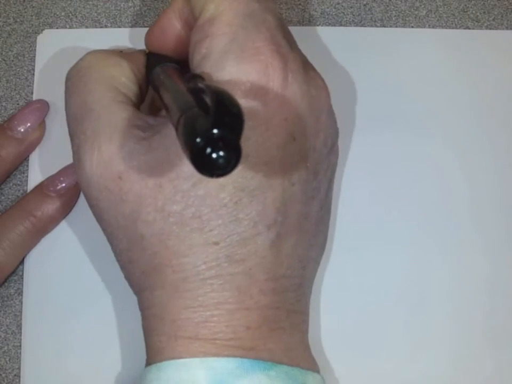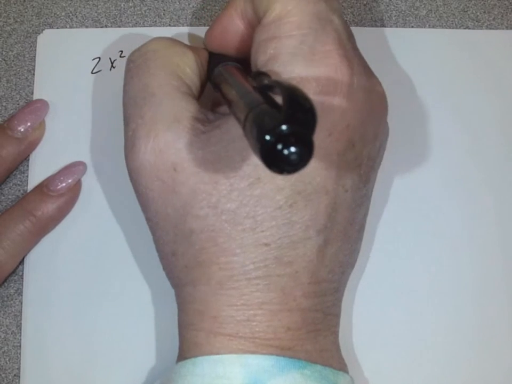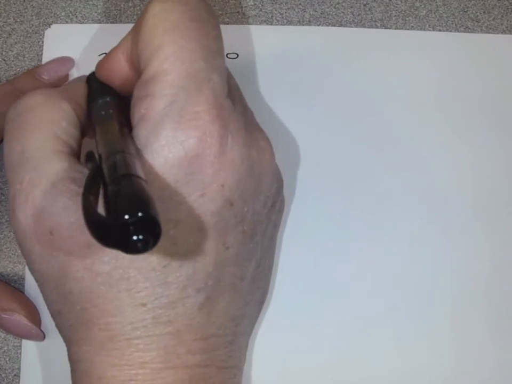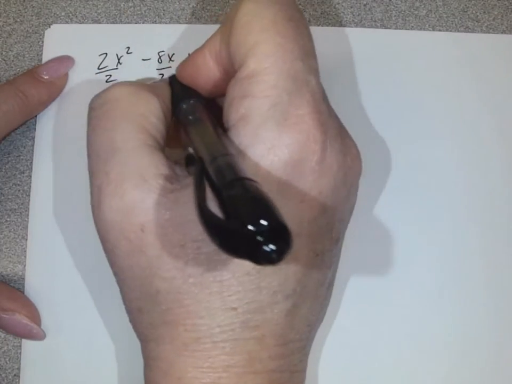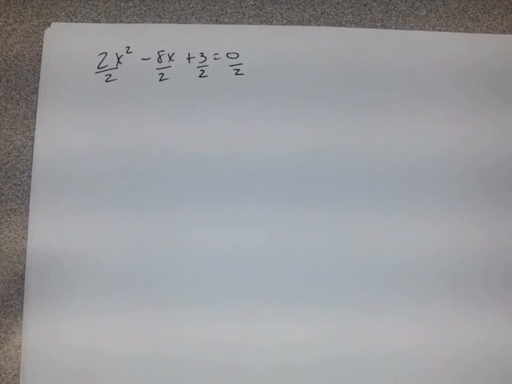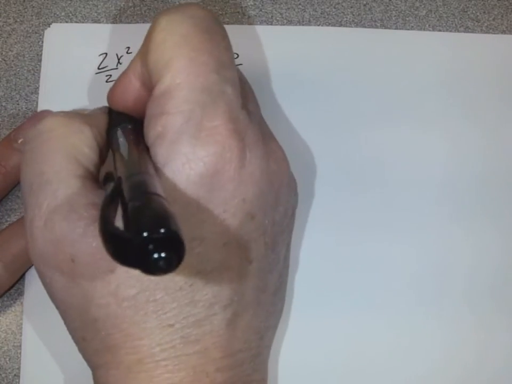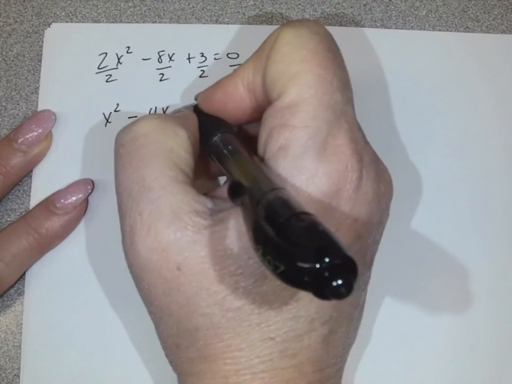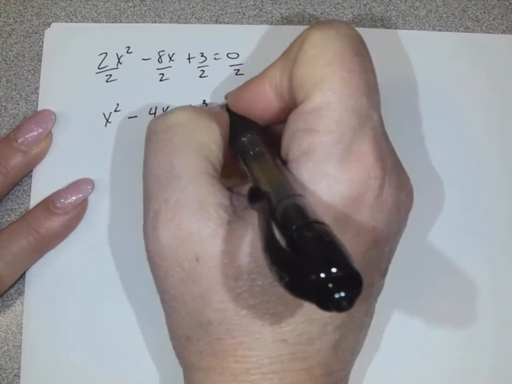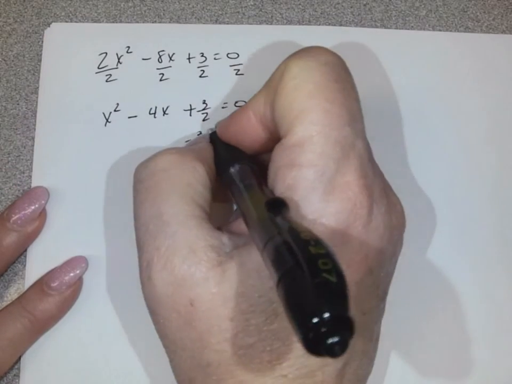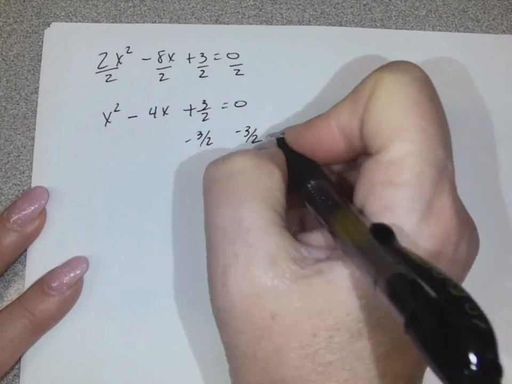If we don't have a 1 out front, we have to divide each term by 2, and we have to do it to both sides. So now we have x squared minus 4x plus 3/2 is equal to 0. So let's move our 3/2 over, and we have x squared minus 4x is equal to negative 3/2.